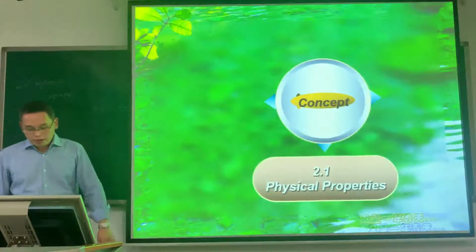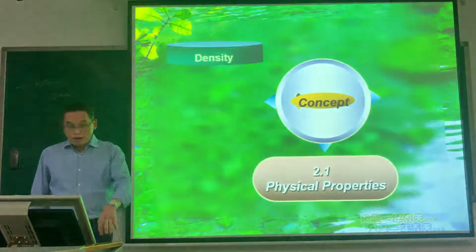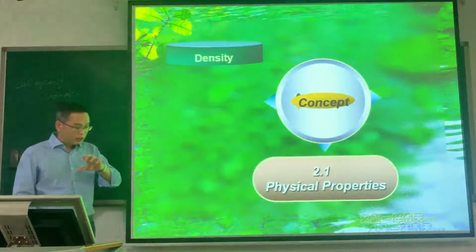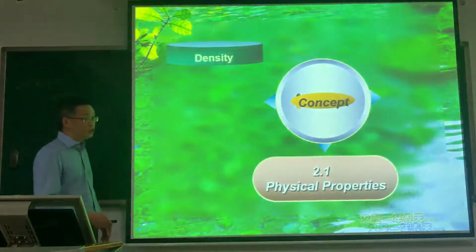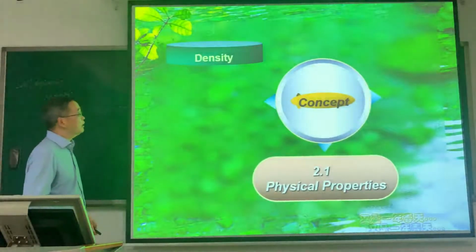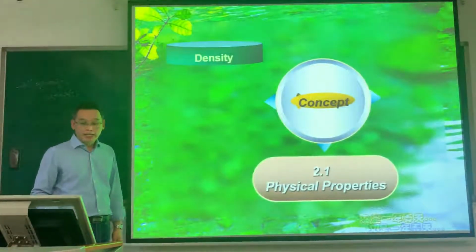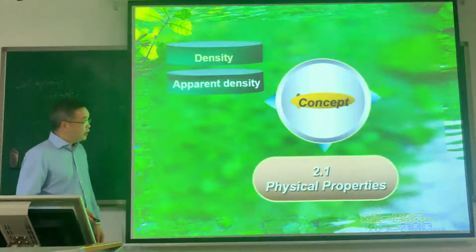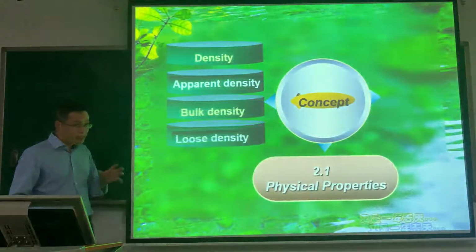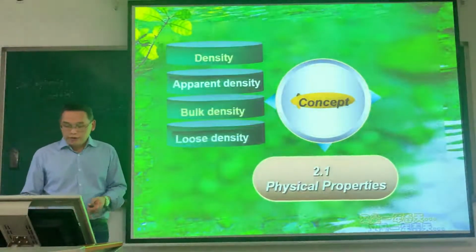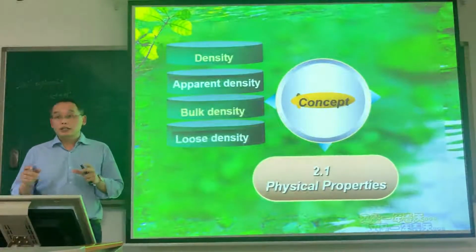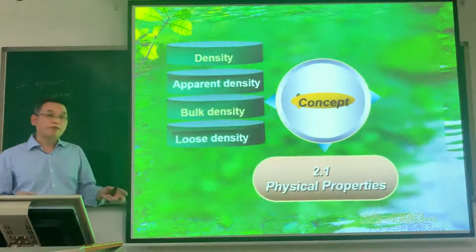In the physical properties, there are several different concepts we need to study. The first one is about the density. For the density, it is very simple because we have learned it before.